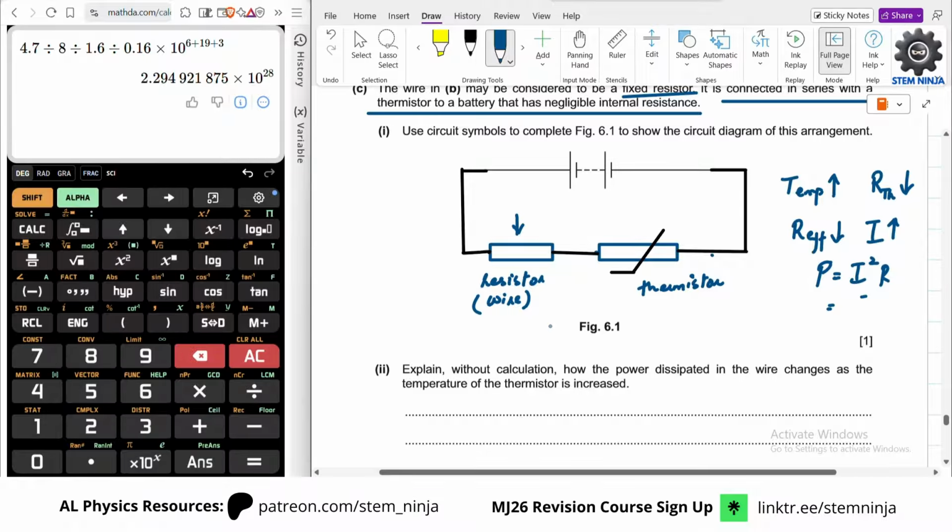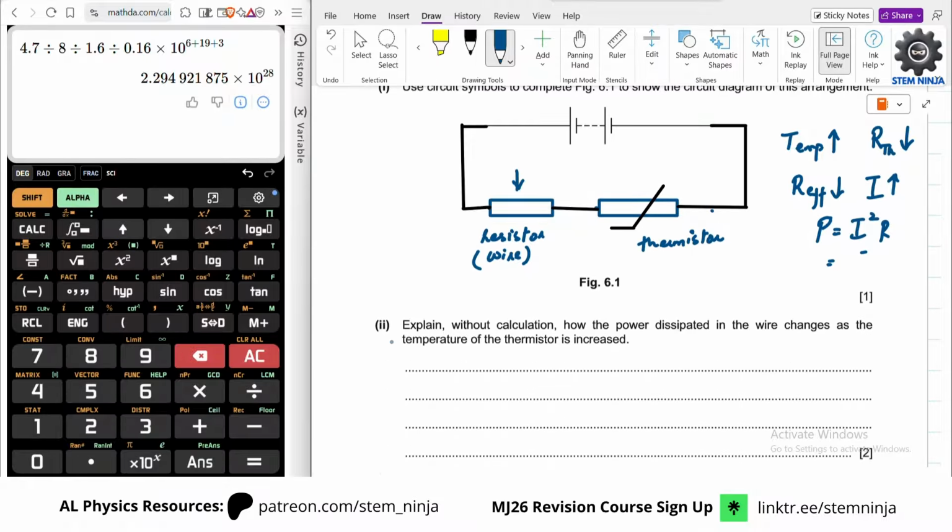So we need to be able to explain this, that as temperature increases, resistance of thermistor decreases.